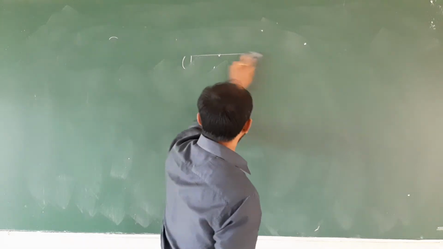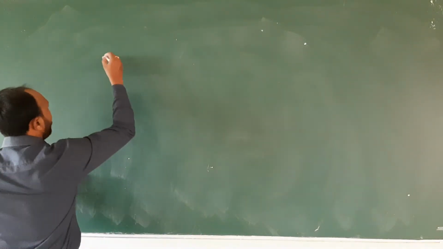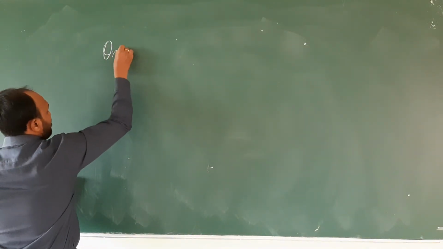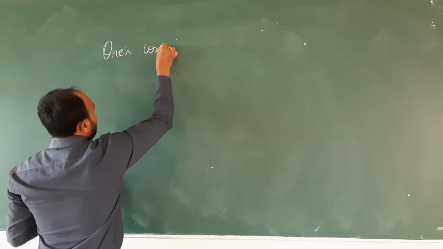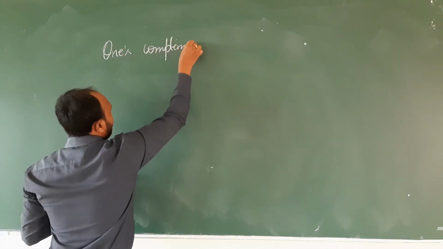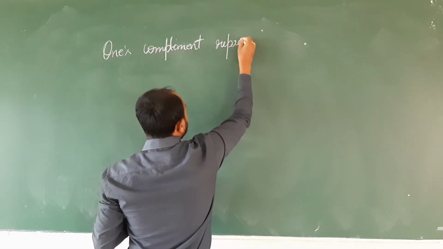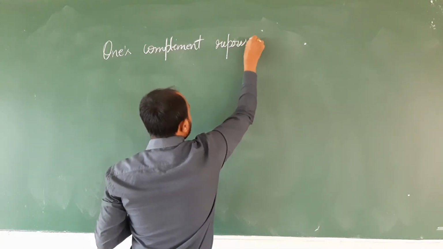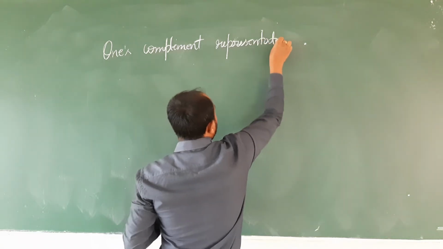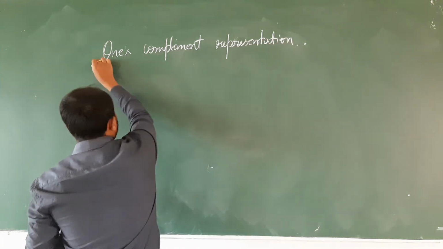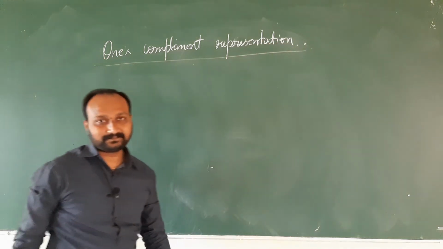Next, now let us consider the second method of representing a signed integer. So the second method is called ones complement representation, a very easy way.